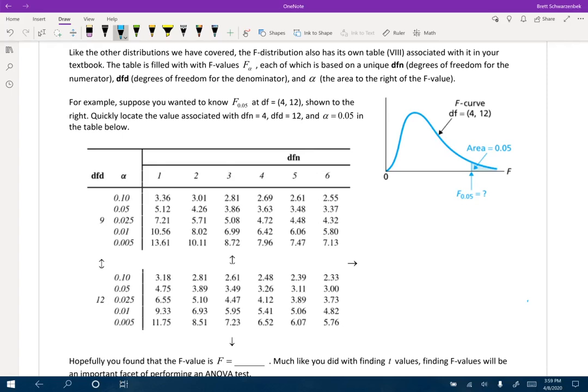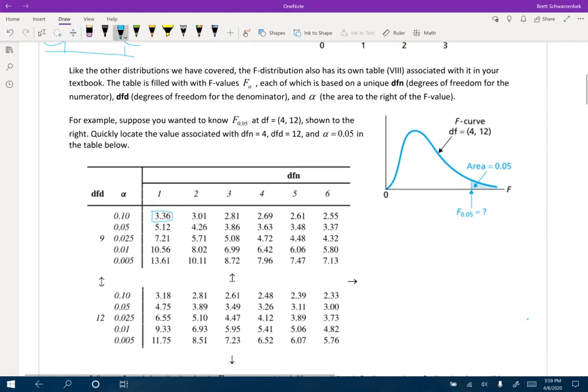Okay, so just to be clear, remember, these values here are f sub alpha values. In other words, if you remember from z, when we did z sub, let's say, 0.01, that would be the z value with an area of 0.01 above it. Okay, when you do subscripts, it always means above.